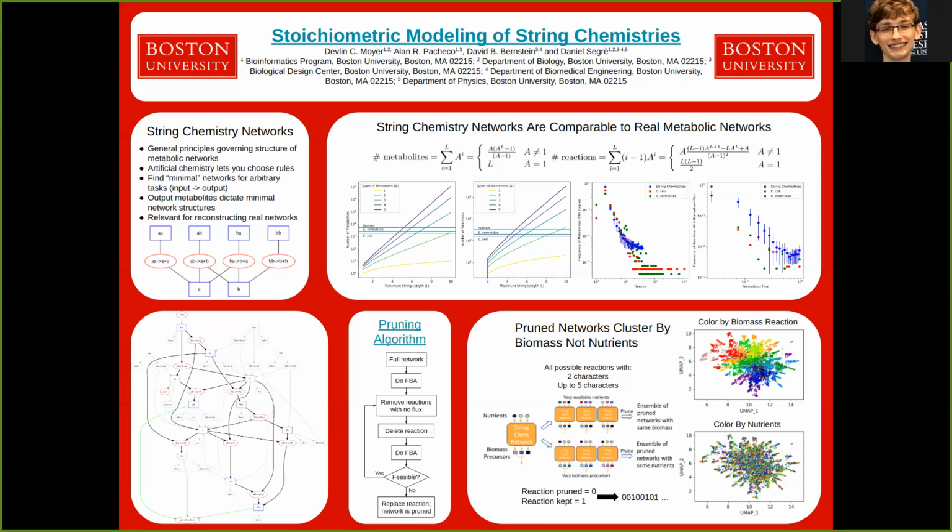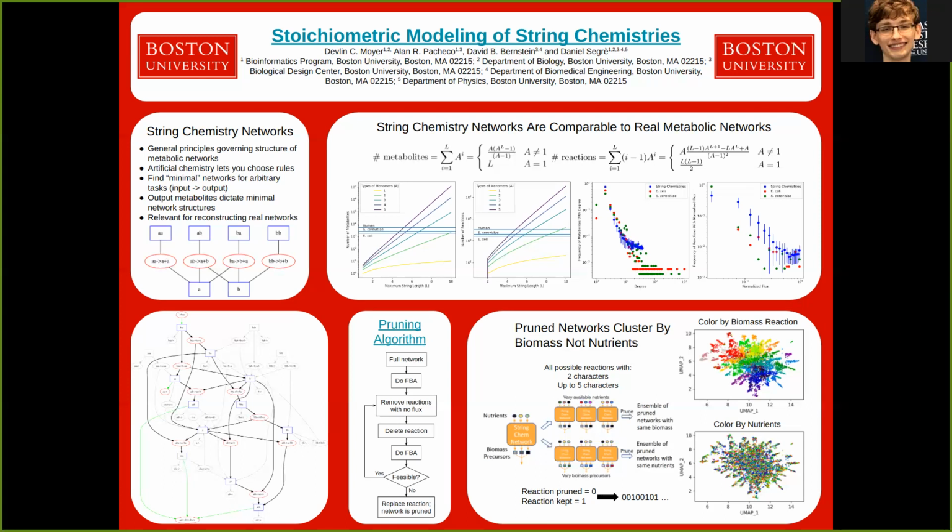So we can represent each of these 10,000 pruned networks as a binary vector of which reactions are in those networks. And then we can use UMAP to visualize all of these different binary vectors and have a little point representing where each pruned network is. And so those are the UMAP scatter plots you see on the right here.